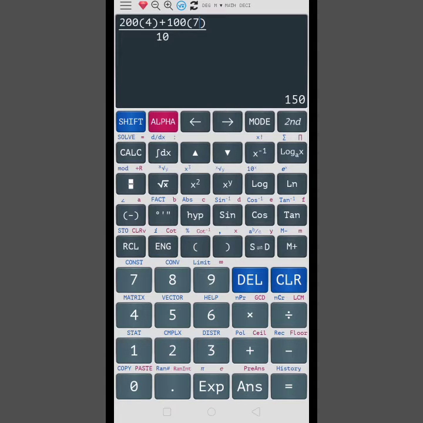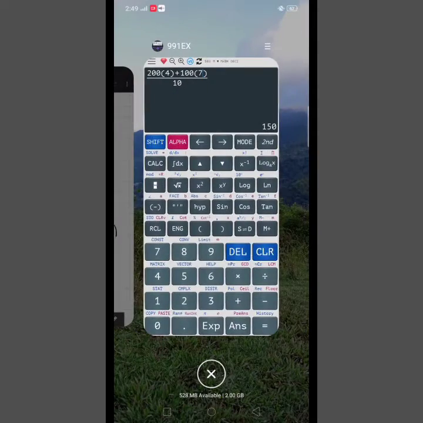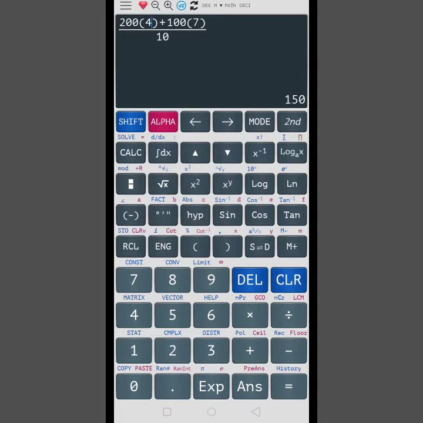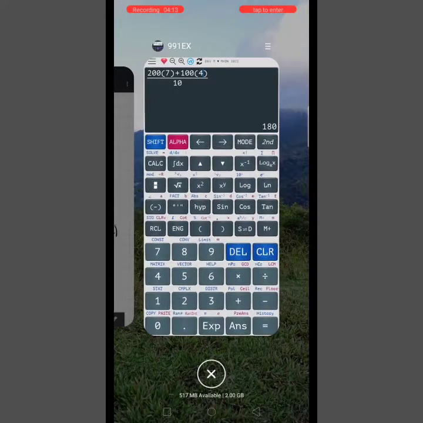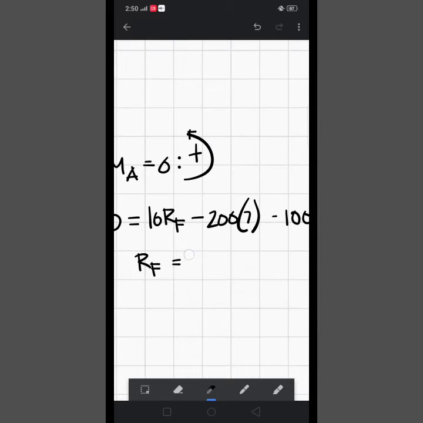Oh no, it's actually 100 times 4 and 200 times 7. We interchange 7 and 4. And it's indeed 180 kilonewtons, the reaction on F.